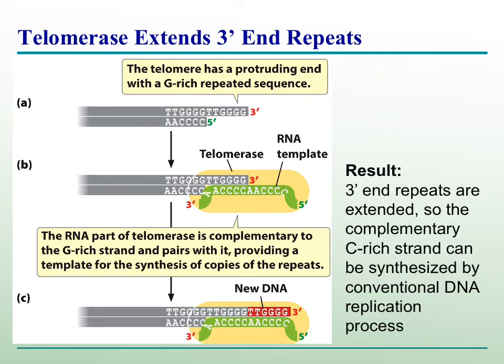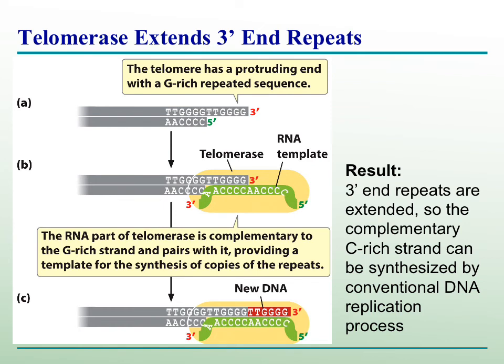This RNA molecule in the telomerase then serves as a template so that that G-rich 3' overhang can be elongated. By the normal DNA replication process, DNA polymerase III will be able to add DNA nucleotides one at a time, extending that 3' overhang.